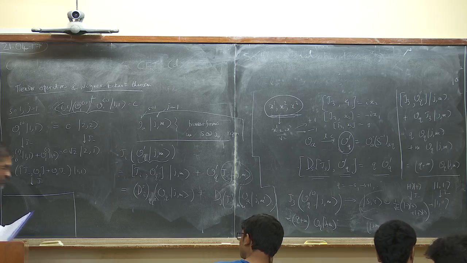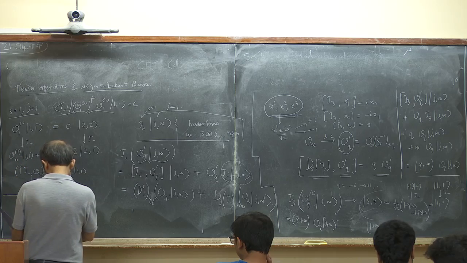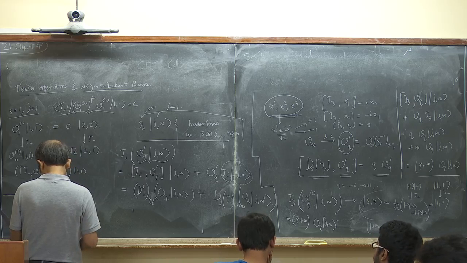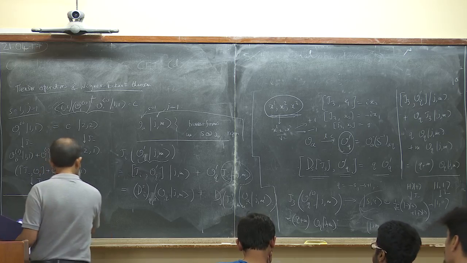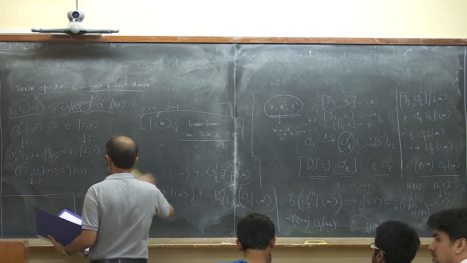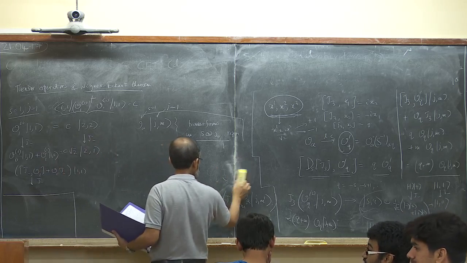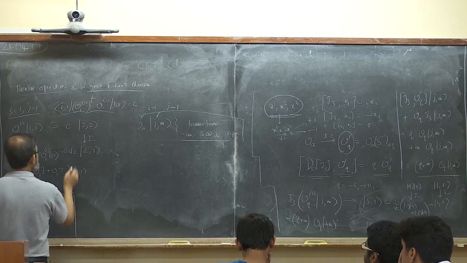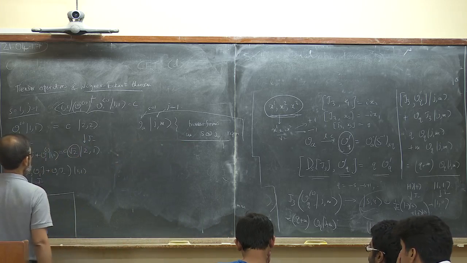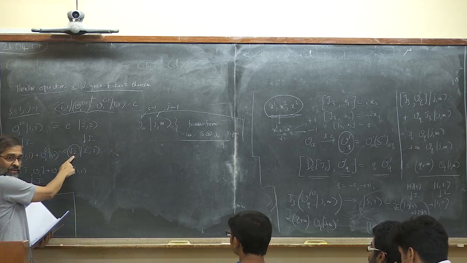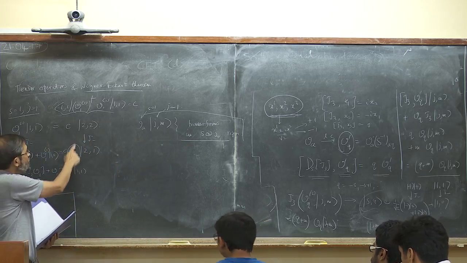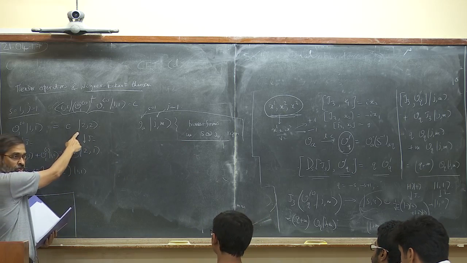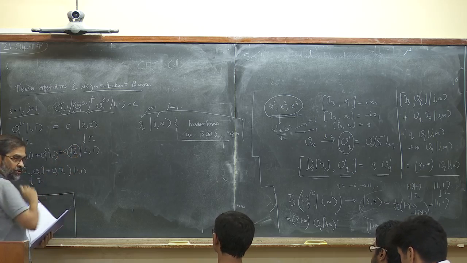You will see what you get. Basically what you get is the following: these numbers, if you wish, are the Clebsch-Gordan coefficients. This 1 here was the Clebsch-Gordan coefficient, this is the Clebsch-Gordan coefficient, these are Clebsch-Gordan coefficients.